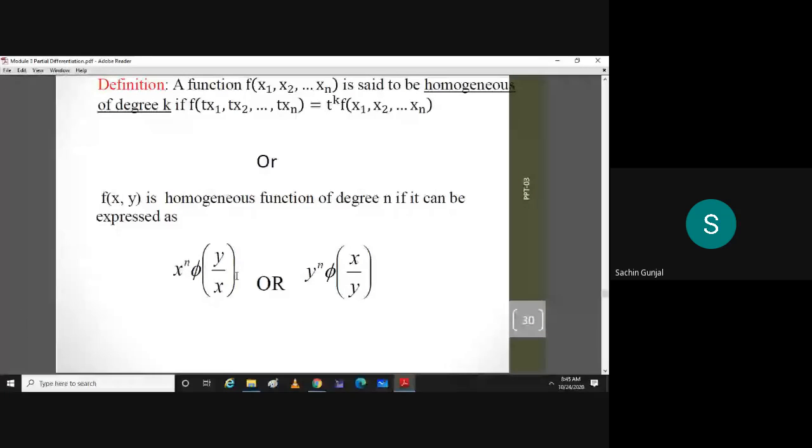If you are able to take the power of x throughout the expression and the remaining function is a function of y by x, then it is homogeneous of degree n. They have applied this definition, and we discussed this definition, and we are using this definition effectively. Clear? Yes, sir. Got it. Thank you, sir.